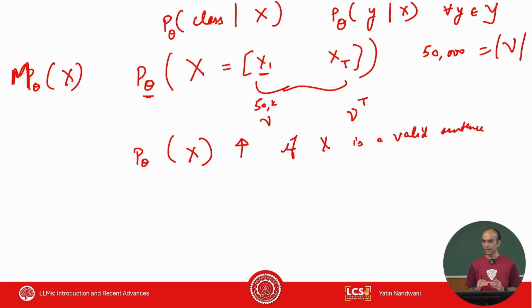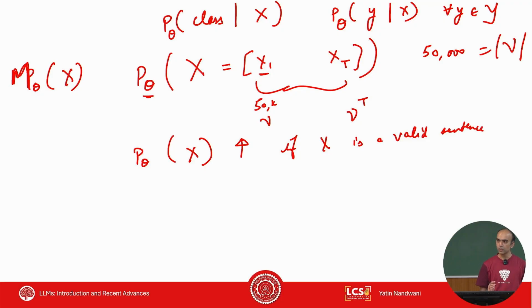This is what we want to model in a language model. We are modeling the language. So our model should assign higher probability to sentences which are valid. This can be done in an encoder only model. This can be done in a decoder only model as well. Now, how do we model this? That is a modeling choice.